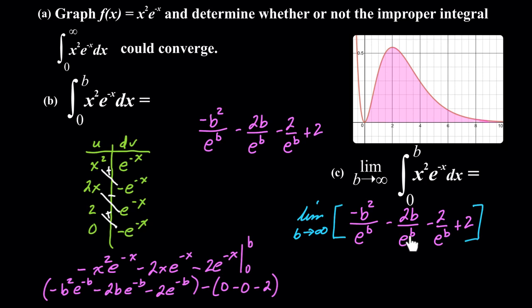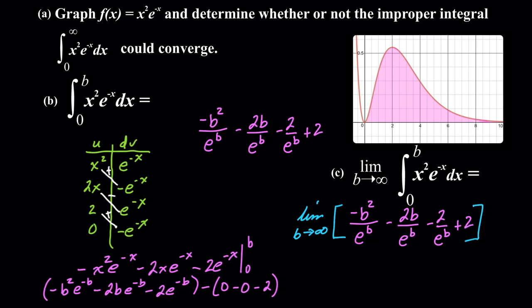Your denominator is going to grow at a much faster rate than your numerator, which means these fractions will continue to get smaller and smaller as b gets larger. Same thing will happen here. This will approach 0. Now there is no variable on this, which means this is constant.